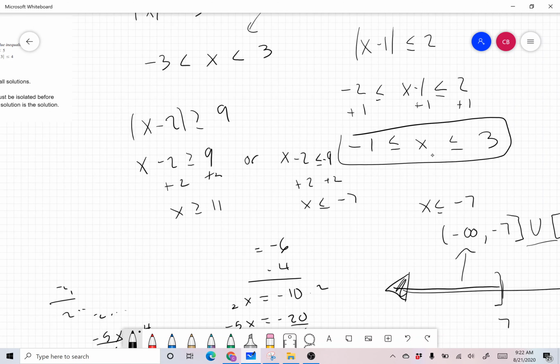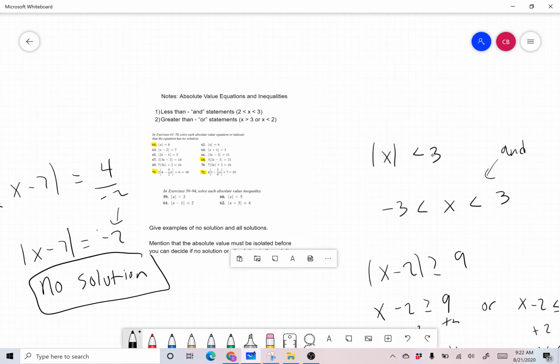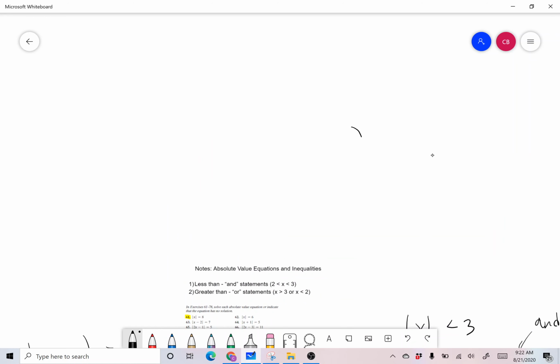Okay, so let's do another one. The absolute value of x minus 8 greater than or equal to, I don't know, let's do 10.